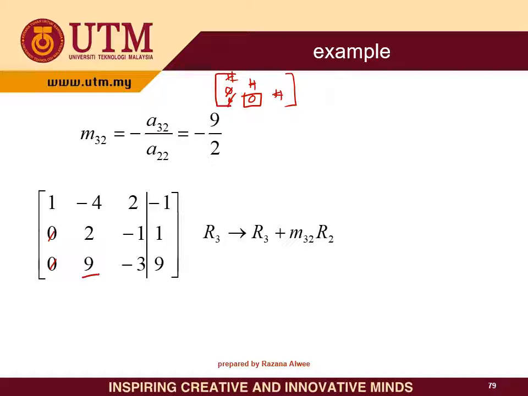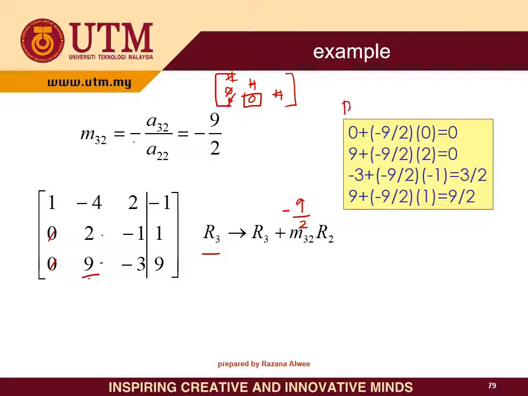So how do we change this 9 to 0? We calculate a new m32, which is for this 9 here: a32, which is 9, divided by a22, which is this one here, 2. So we get negative 9 over 2 because we have the negative. So the new row 3 will be R3 plus negative 9 over 2 R2.